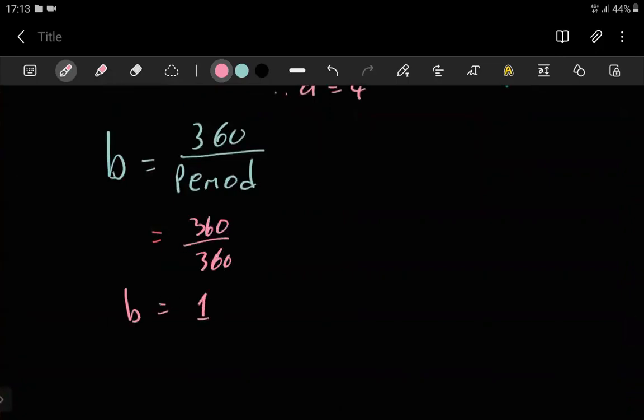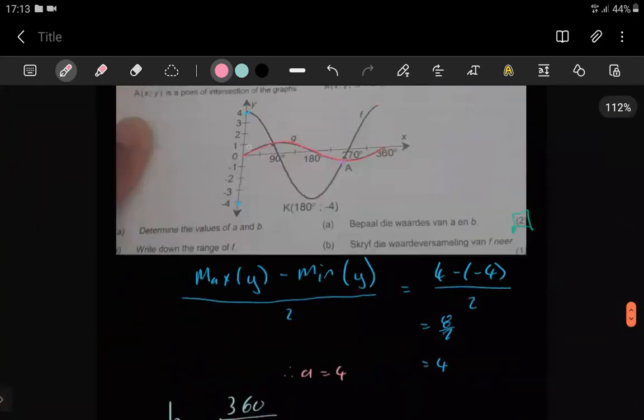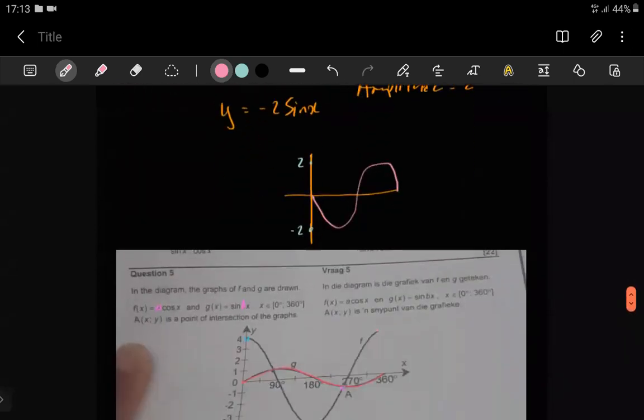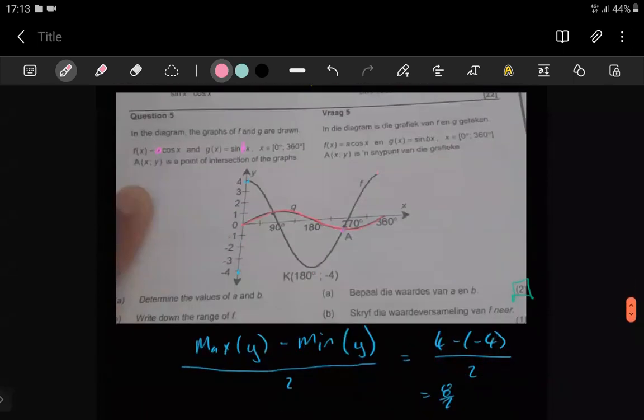So your B value is a 1, meaning there's one graph in a space of 360. We could have just used the formula, or by inspection we see only one full graph in a space of 360. So that's how we would know that this value of B is just a 1.